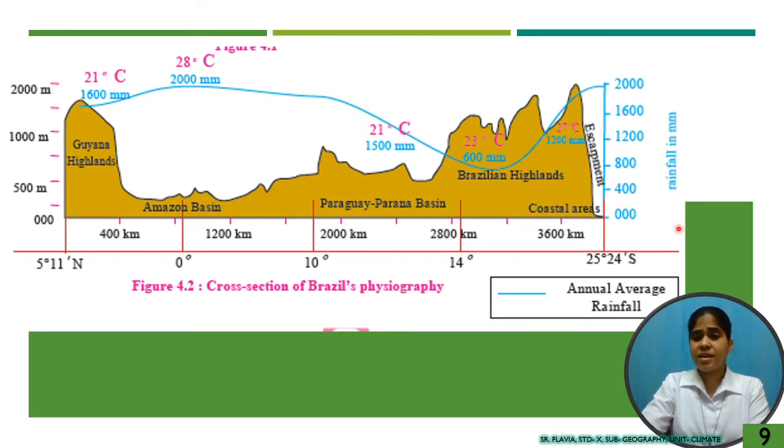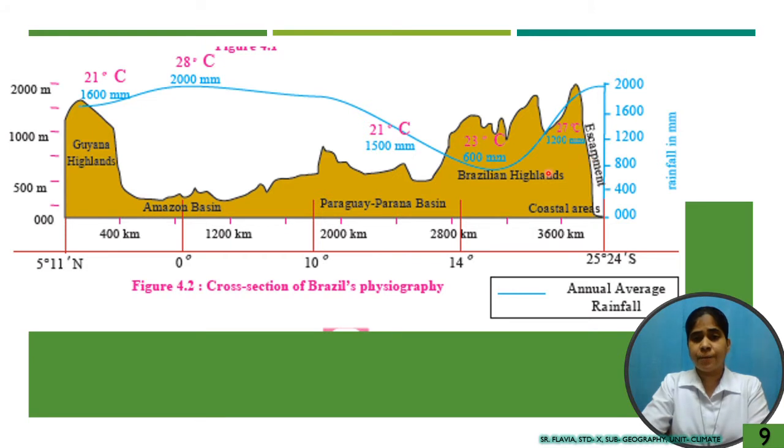When the southeast monsoon winds arrive over here, this area will receive a good amount of rainfall. But when the winds and the clouds have to cross over the Great Escarpment, this becomes a barrier, and in Brazilian highlands, this region will get less rainfall.